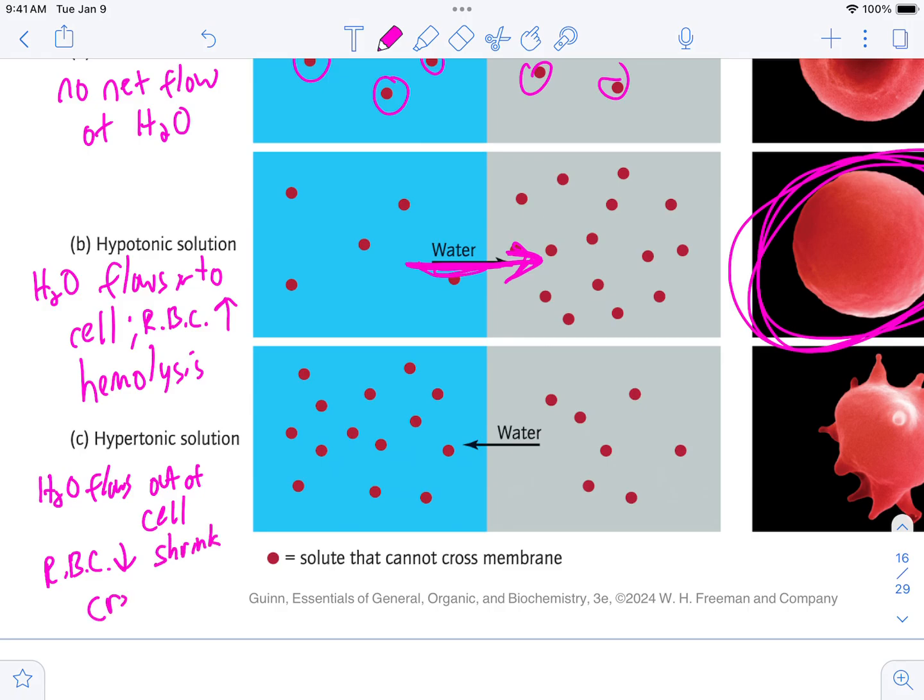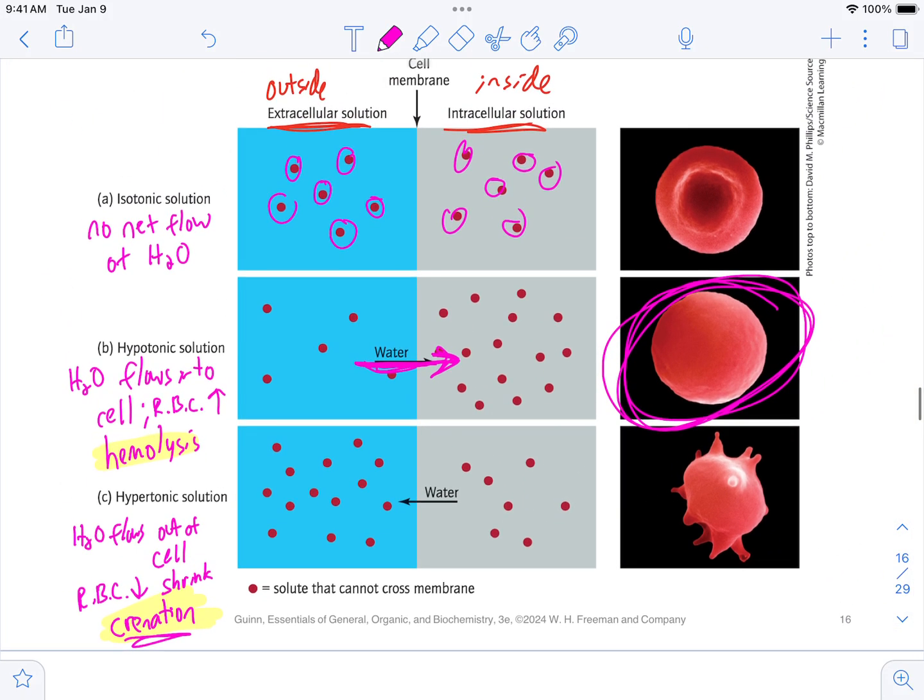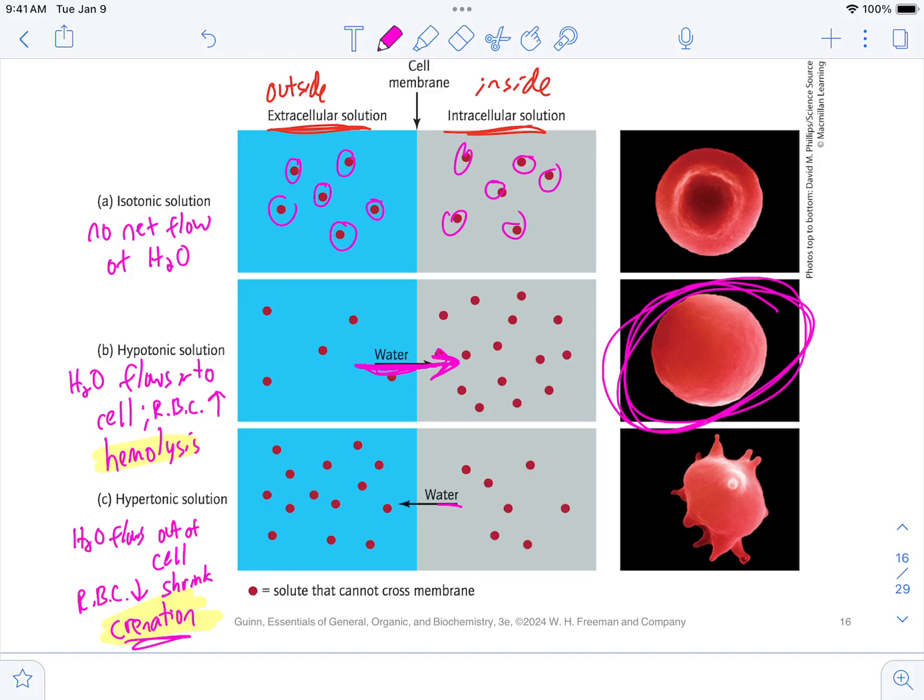And that's something called crenation. So very important points there. Again, this is from inside, and the water is leaving the cell, and you can see the cell is shrinking there. And this is all because of the solute particles, the water is flowing from the less concentrated to the more concentrated.